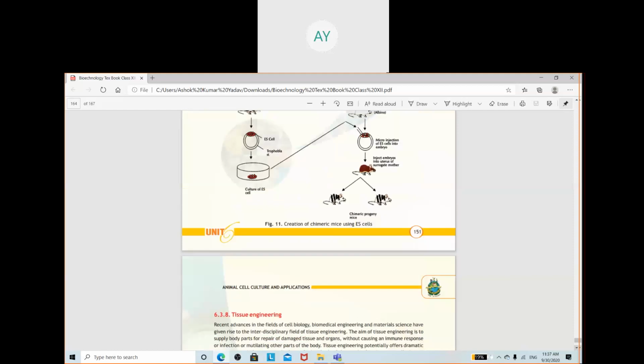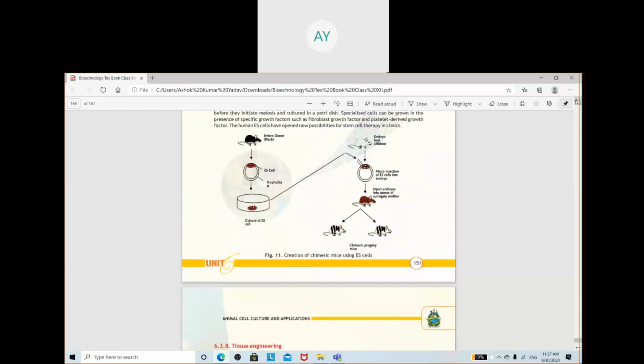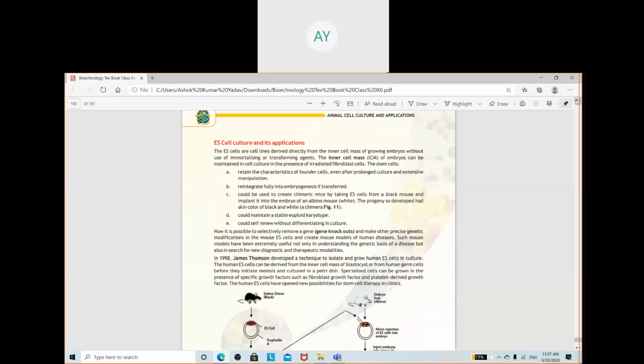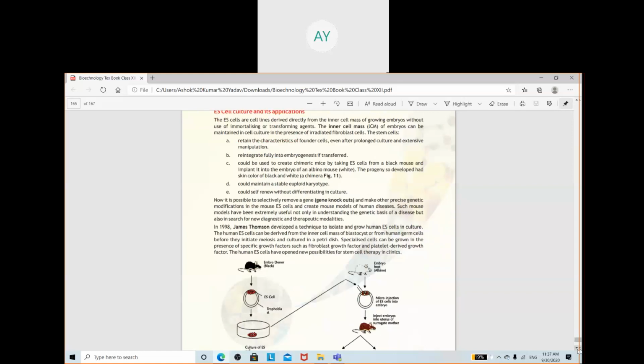Okay, so just see, if you are observing this embryonic stem cell culture and its application, you can generate chimeric mice.